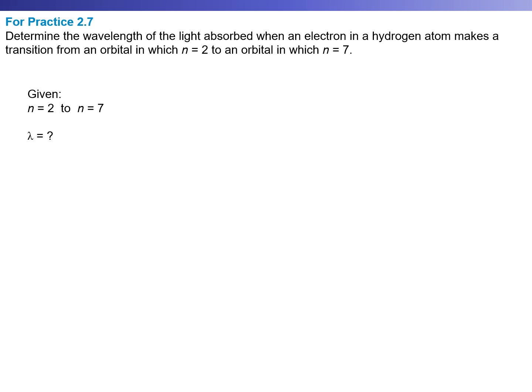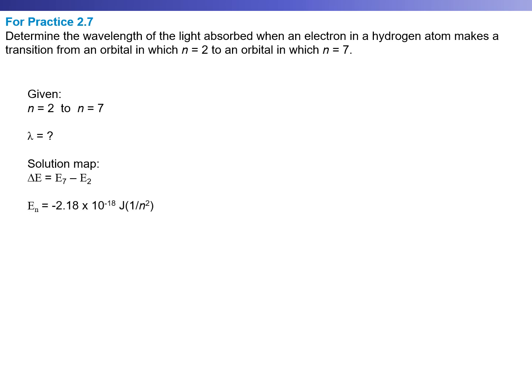So how are we going to do this? One thing we need to do is calculate the change in energy, and we're going to follow this equation right here. The change in energy that the electron underwent is the difference between the energy of the electron in the 7th orbital less that from the 2nd orbital. Now, how do we calculate those two energies?